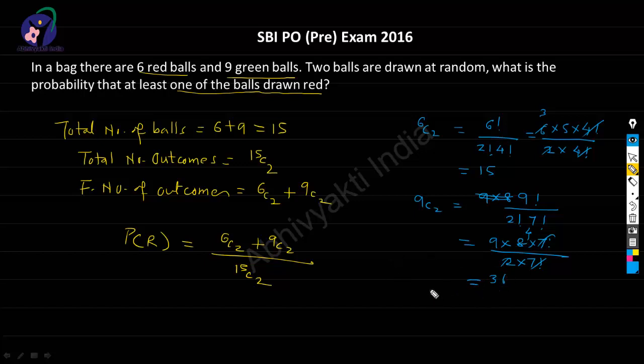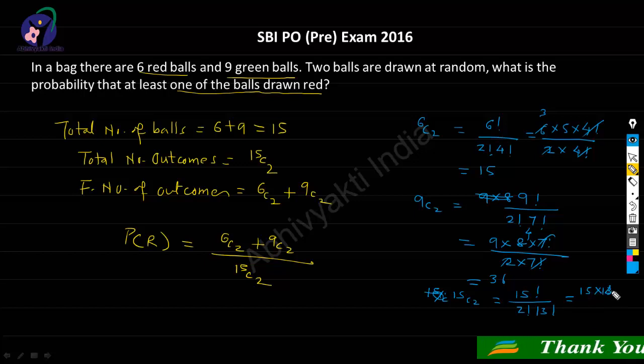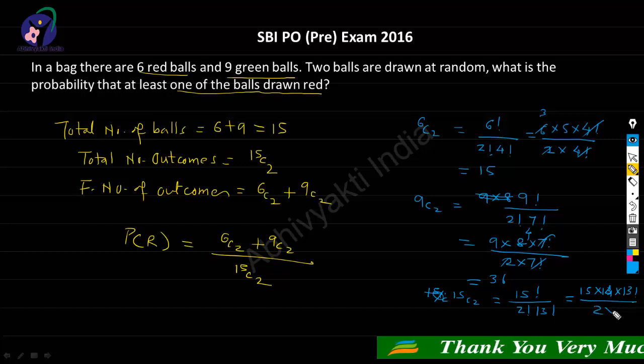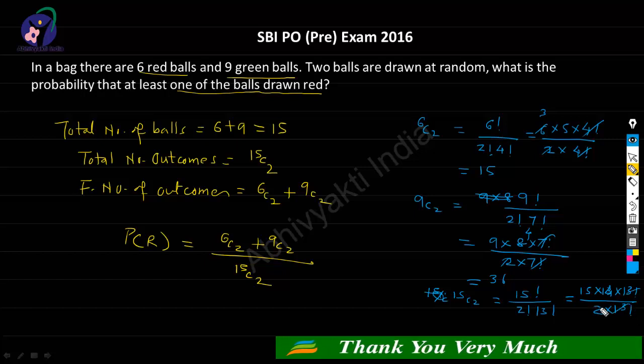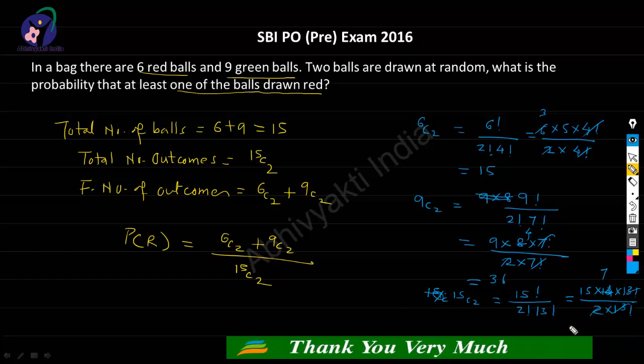And the third, that is 15C2, is equal to 15 factorial upon 2 factorial into (15 minus 2) factorial, that is 13 factorial. So that is equal to 15 into 14 into 13 factorial upon 2 into 13 factorial. This 13 factorial will get cancelled. 2 1s are 2, 2 7s are 14.